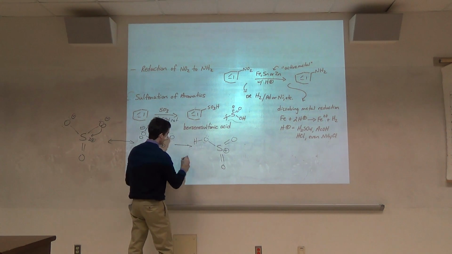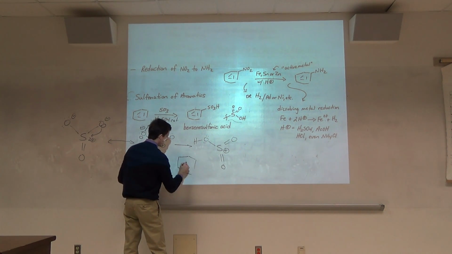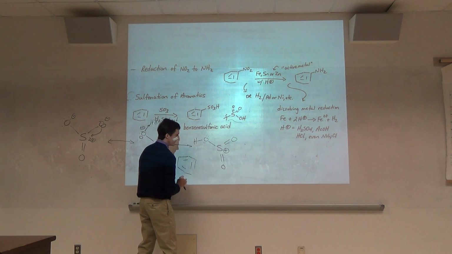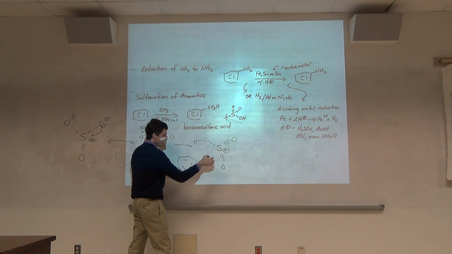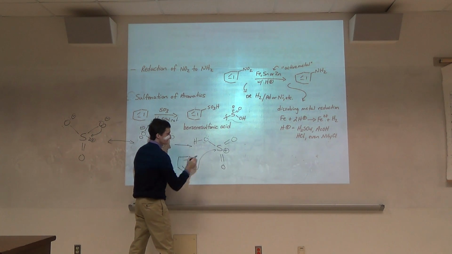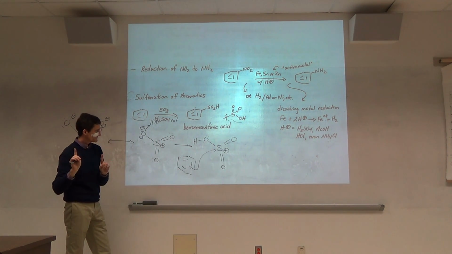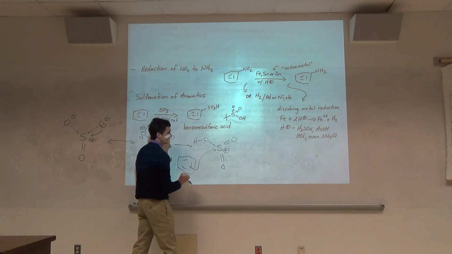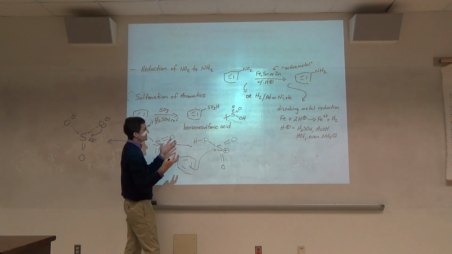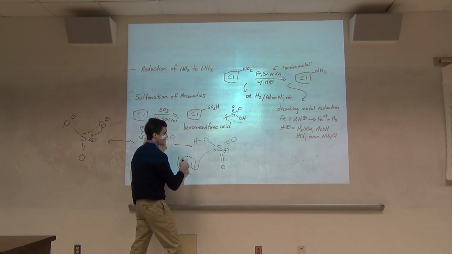Now the benzene ring will attack the sulfur. And this is our E+. We can attack here. Now, because sulfur can expand its octet, you don't have to really move anything. You could, you're just going to get a little resonance structure of this.